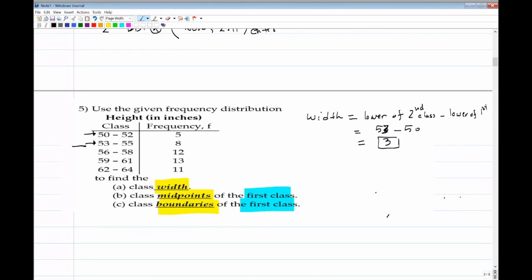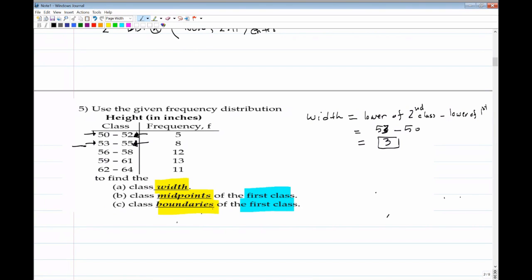So that's how we find the class width. And it doesn't matter, it goes in either direction. You could use the upper, which is 53, and that's 52. If you subtract them, you end up with 2. Any of these, when you subtract them, you should end up with 3.